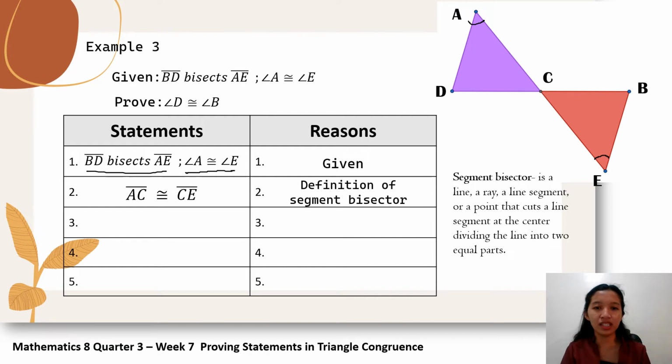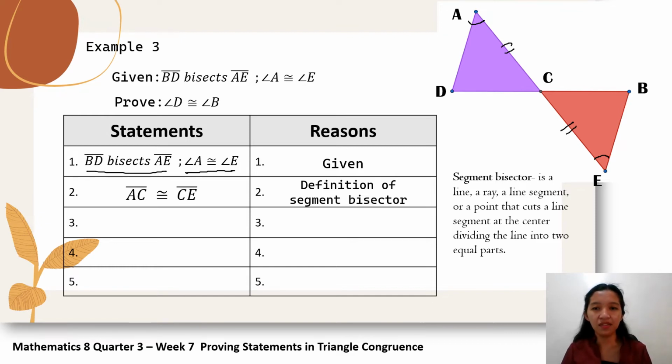So you can see it satisfies our statement here. If it is satisfied, then we can put markings on our figure since line AC is congruent to line CE. So let's put our second markings on AC and CE.